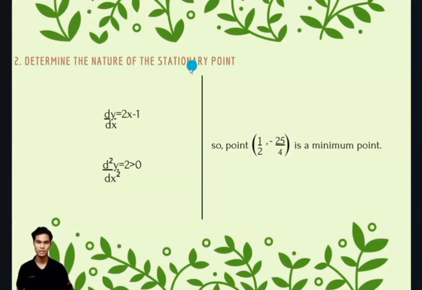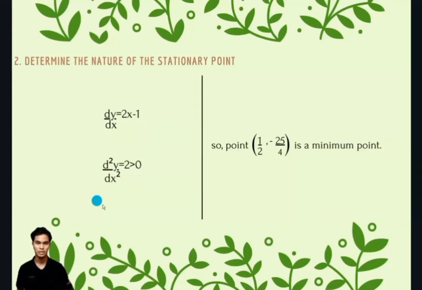So into the next step. The second step is to determine the nature of the stationary point. This is the equation from the previous solution: dy over dx equals 2x minus 1. We will differentiate it again for the second time, which will get 2x will be 2 and negative 1 will be 0.